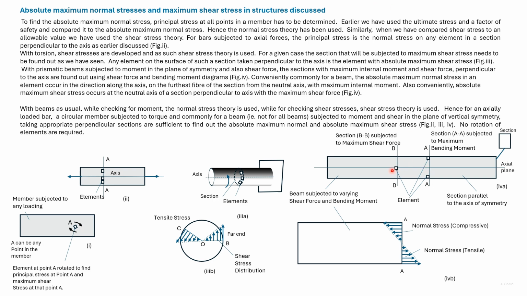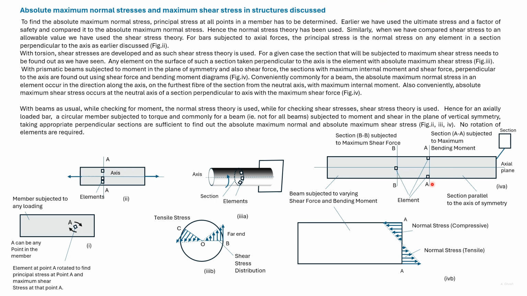We'll later see that the maximum shear stress occurs at the neutral axis. The element is shown here. Its face is aligned with the section BB, which is perpendicular to the axis of the beam.